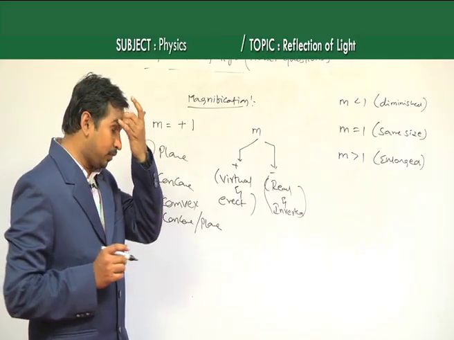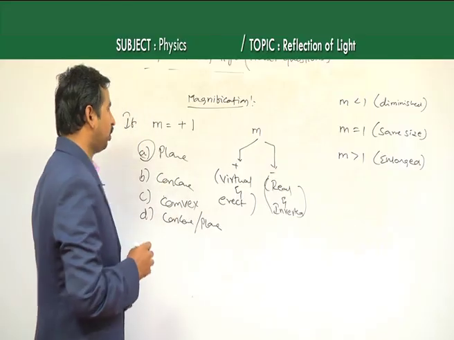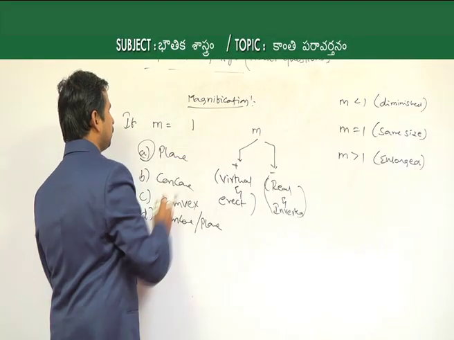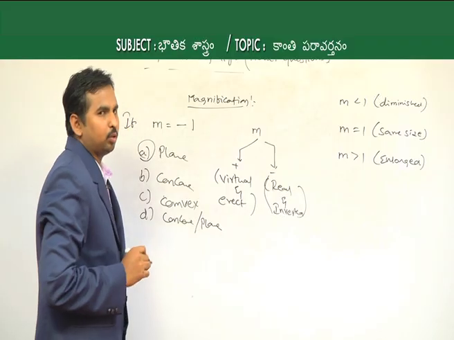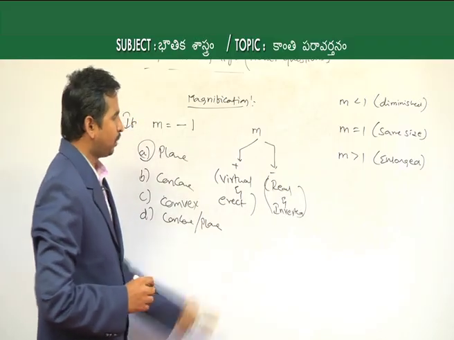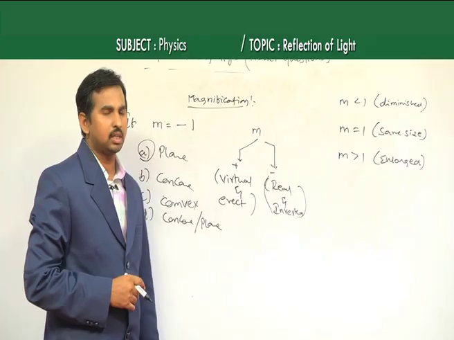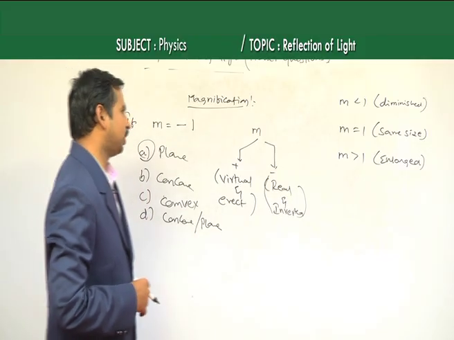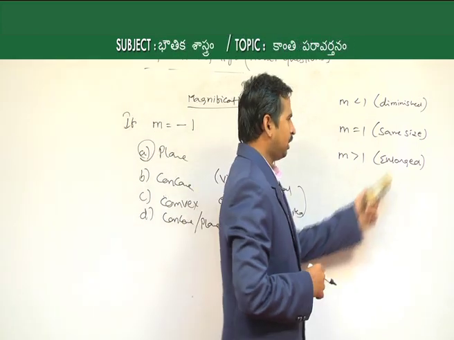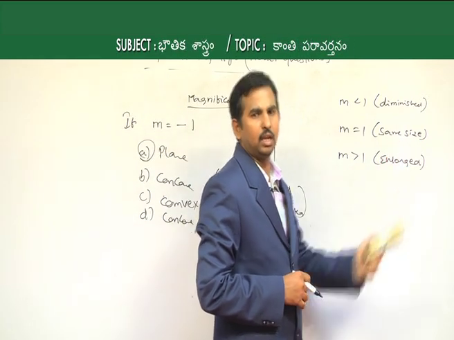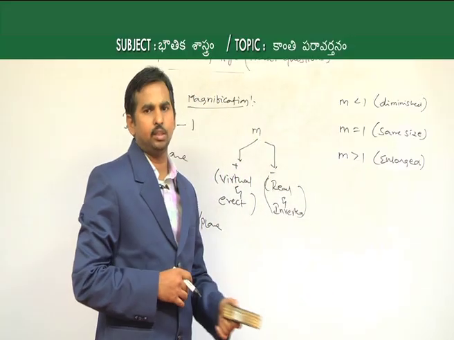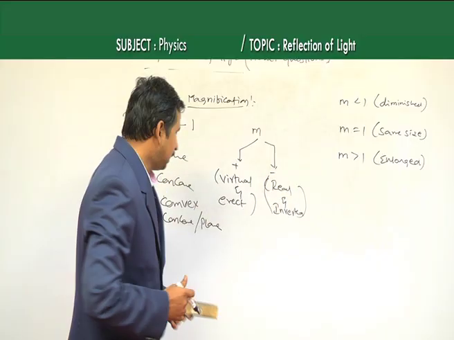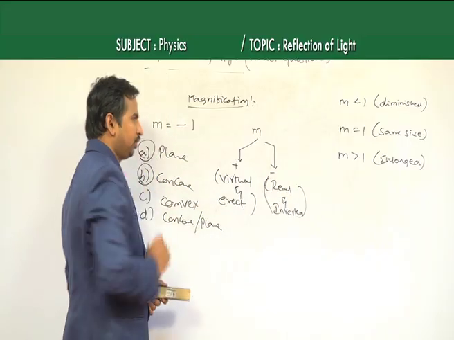But if in the same question they give m equal to minus 1, then the minus represents that the image formed is real and inverted, and 1 represents the same size. As it is forming a real and inverted image with the same size, the answer is going to be concave here.